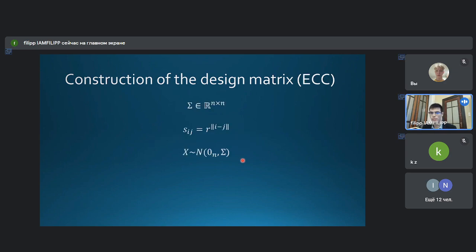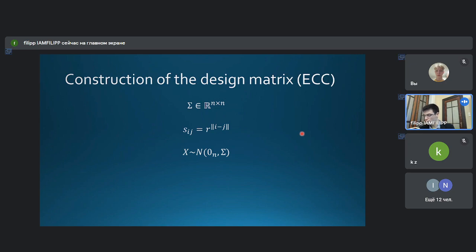Here we have the second way of constructing the design matrix. This is the element correlated covariates, also known as ECC. We can define the matrix sigma, which is a square matrix, and its elements are defined by this formula. It's pretty obvious now to observe that every element of the diagonal of sigma is exactly 1, so the variance is 1.